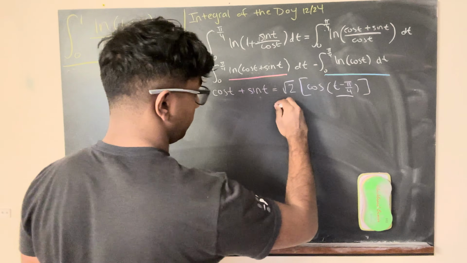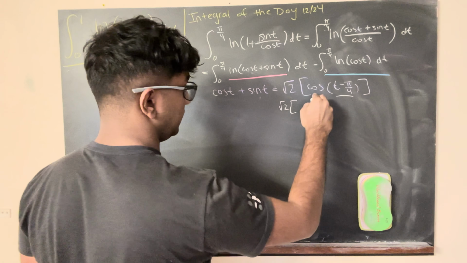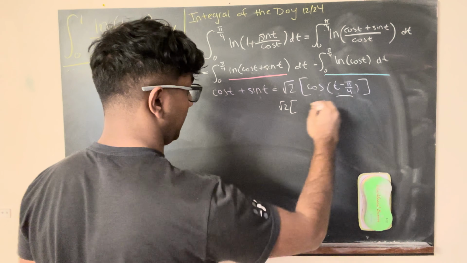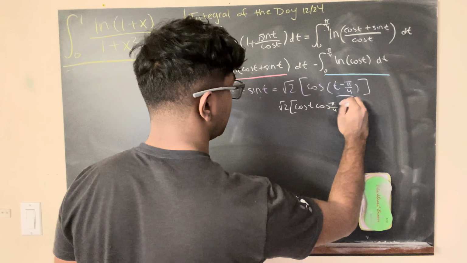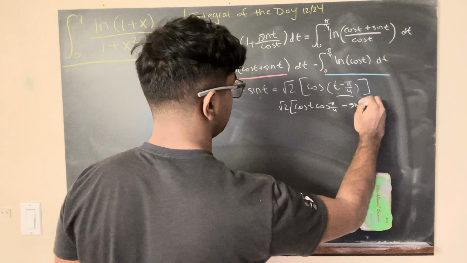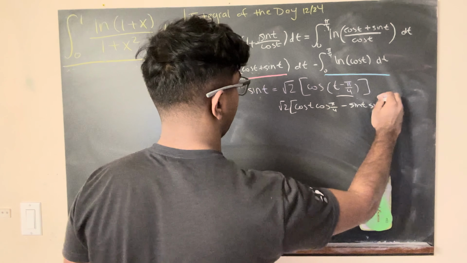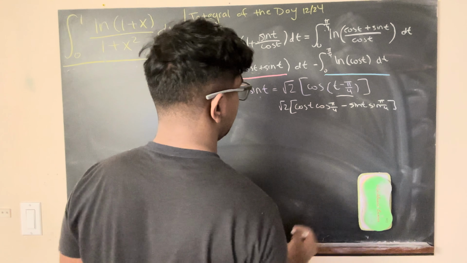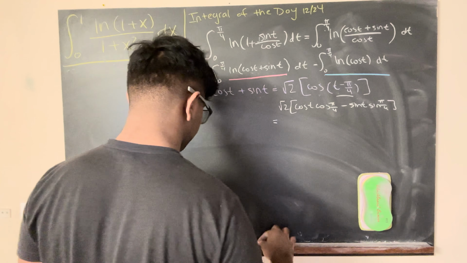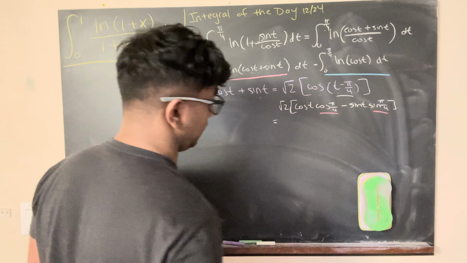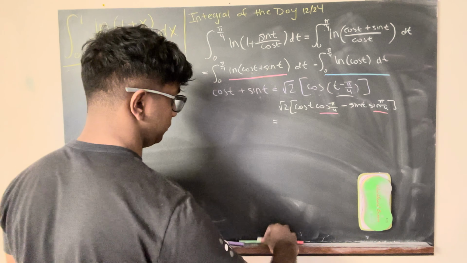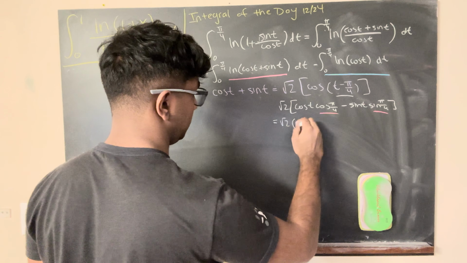So here we have root 2, and let's use the identity, which is cosine t times cosine pi over 4 minus sine t sine pi over 4. Immediately we note that the cosine pi over 4 and the sine pi over 4 are both 1 over root 2, so you can take the 1 over root 2 to the outside.